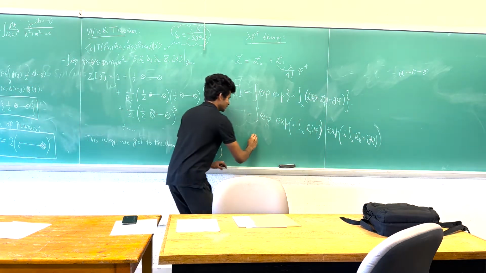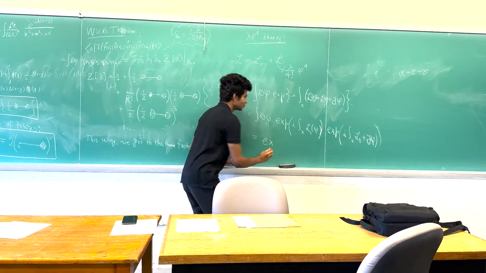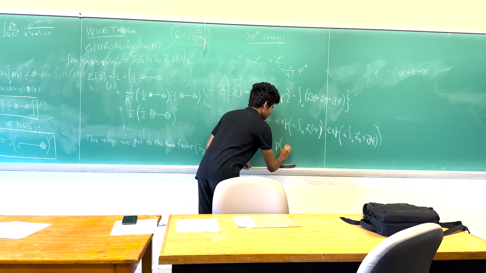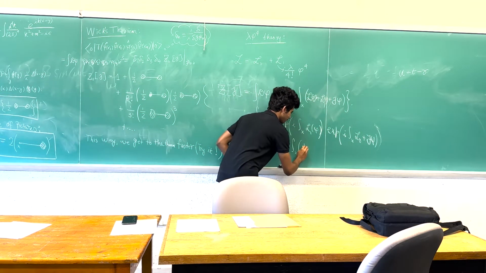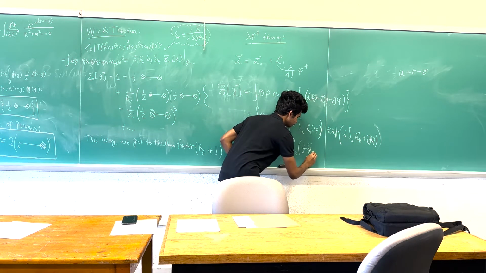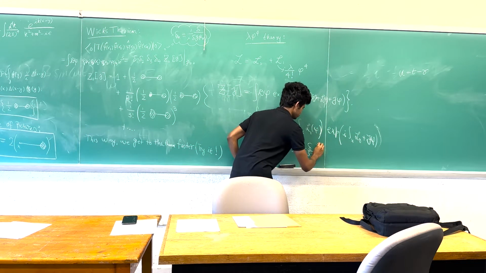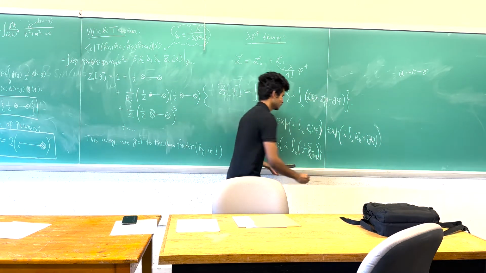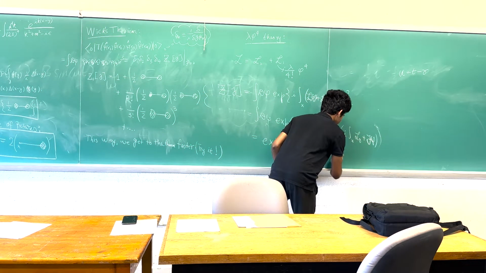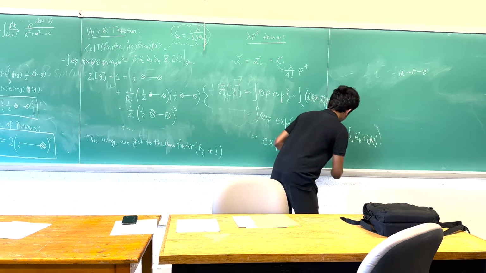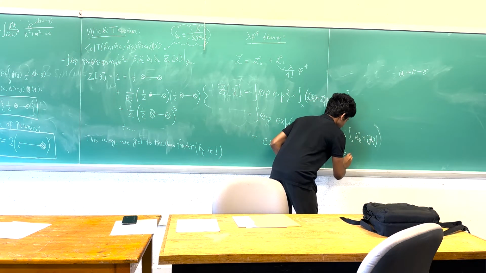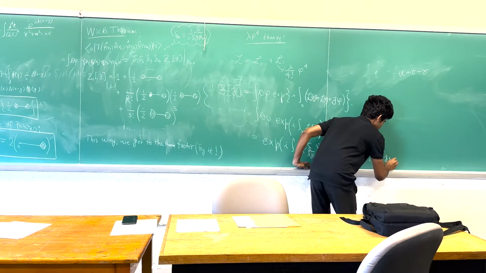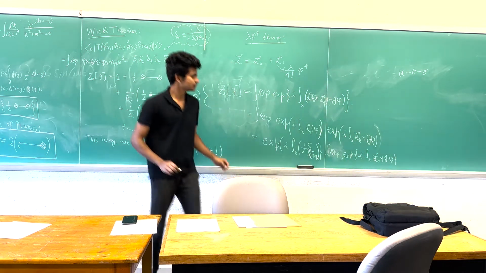So you bring this outside. Then what's left is Z of J. Is that step clear?